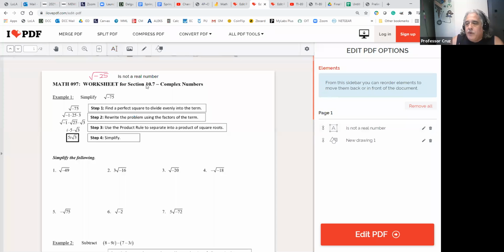Not a real number. Well, that doesn't mean that it doesn't exist. It's like when people see division by zero, they say, well, it doesn't exist, but technically it's undefined. It just means at this point we don't know how to define it mathematically.